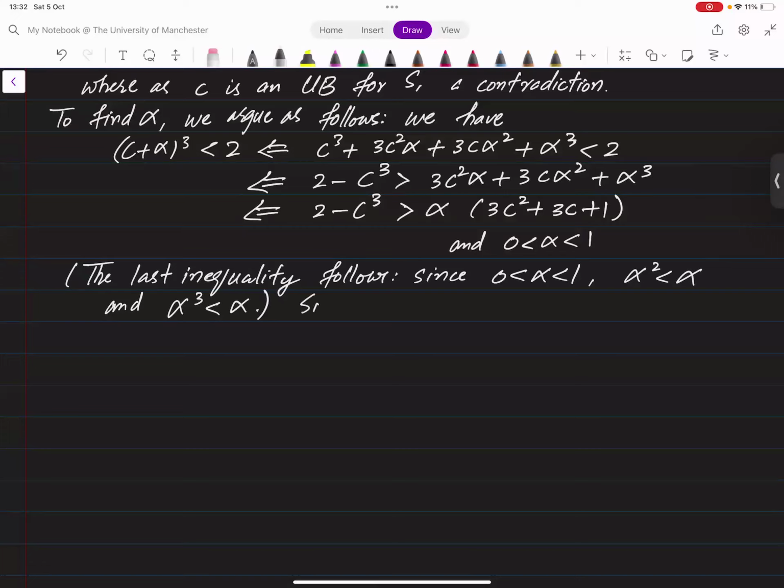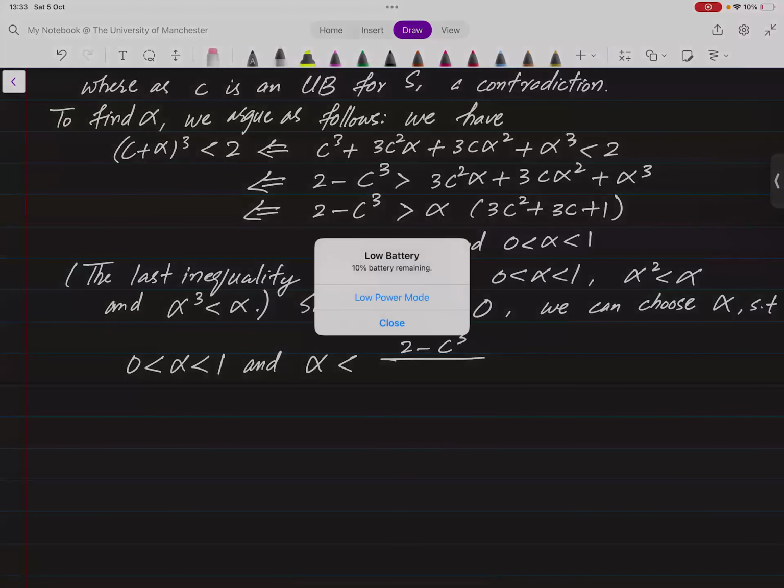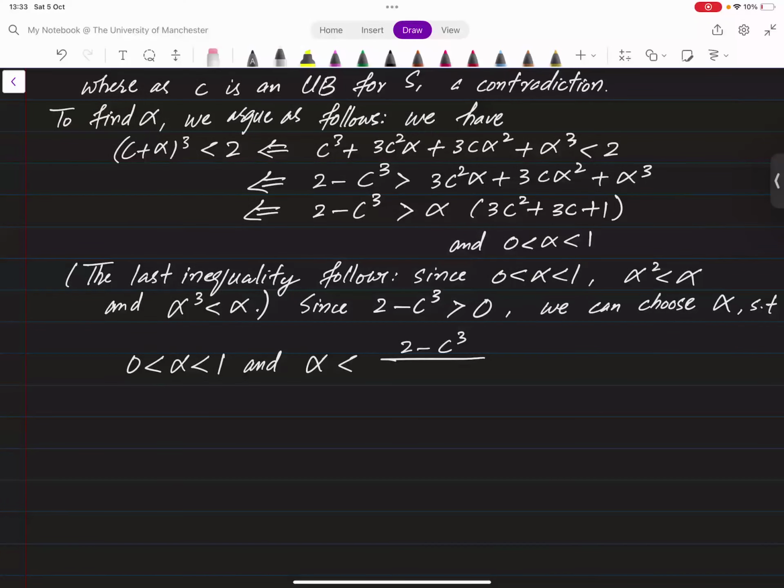Since 2 minus c cube is greater than 0, we can choose alpha such that 0 is less than alpha is less than 1, and alpha is less than (2 minus c cube) over (3c square plus 3c plus 1).